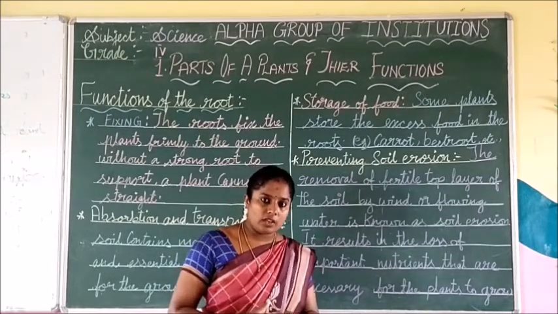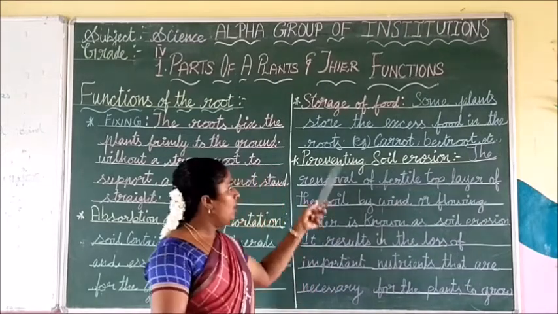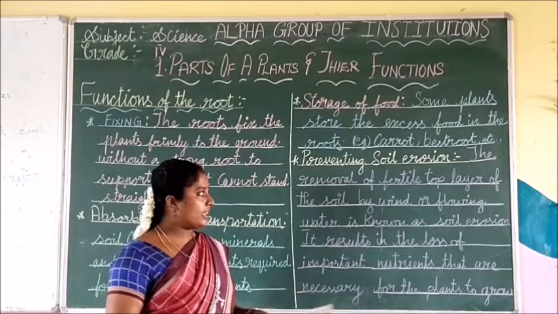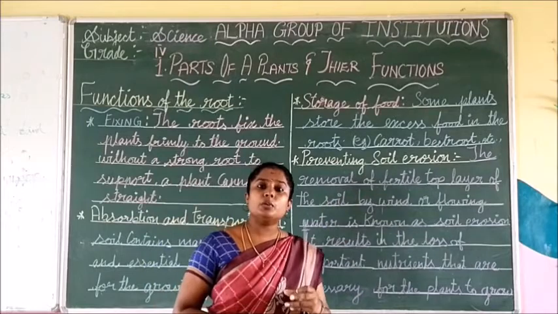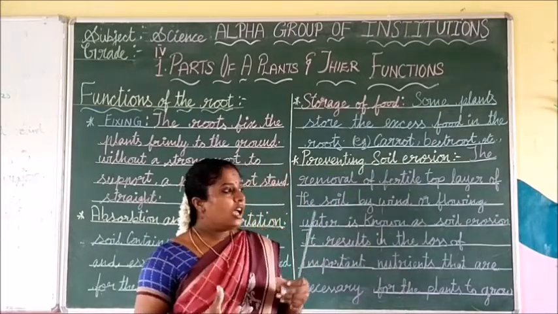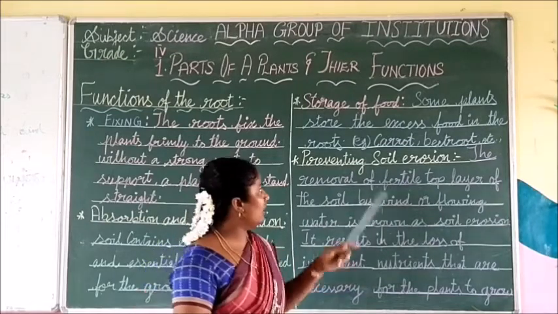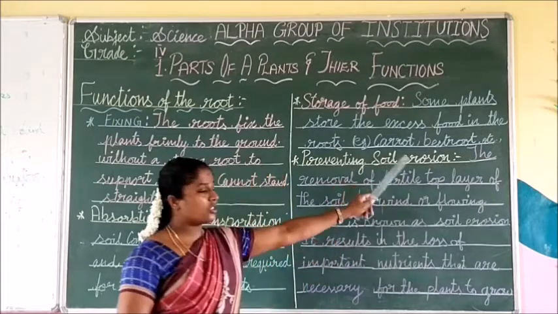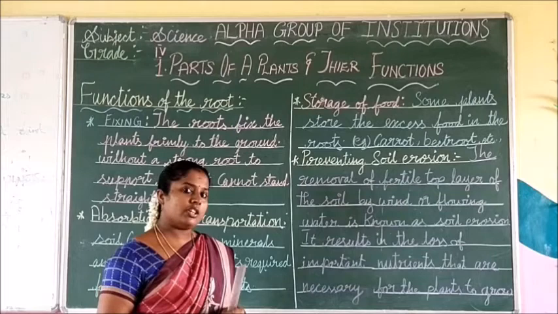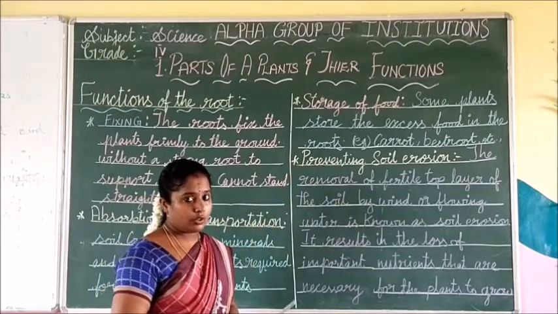After everything is done, if there is any excess food, it will be stored in the root. Examples are carrot, beetroot, radish, potato. These store the food in the roots. Okay, so the next important function is storage of food.